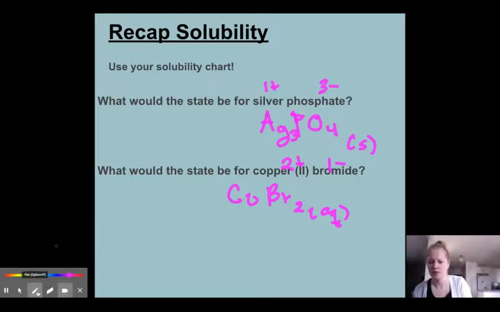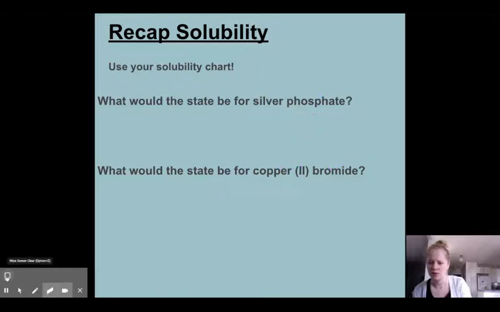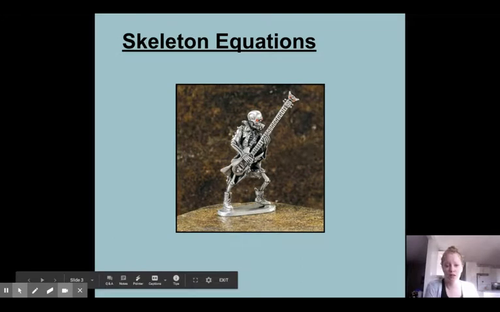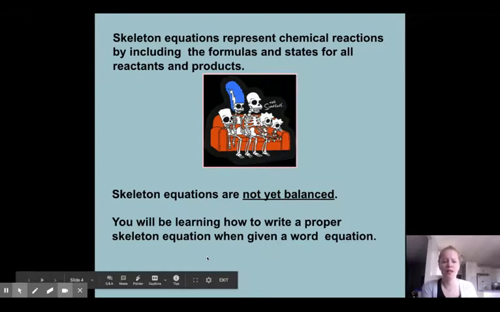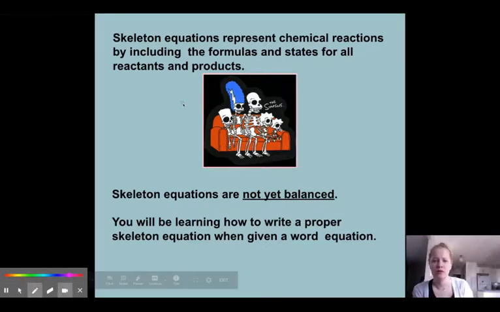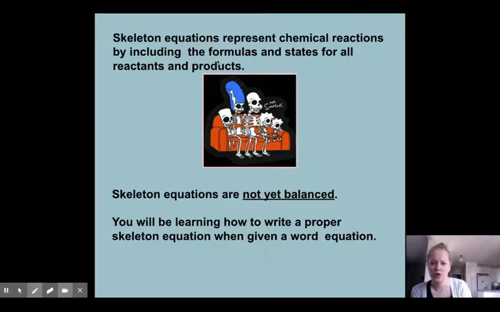Okay, so with that prior knowledge established, we are going to move on to today's lesson, which is skeleton equations. They're called skeleton equations because they're the bare bones. It is your basic equation represented with formulas. This is the important part: and states for both reactants and products.